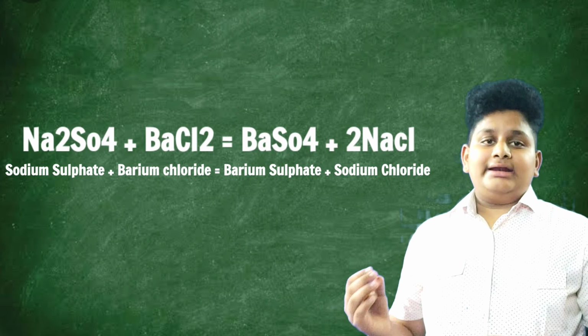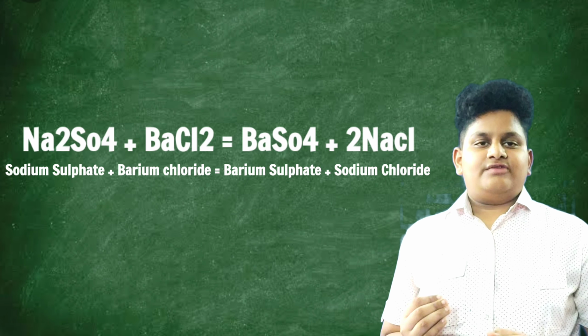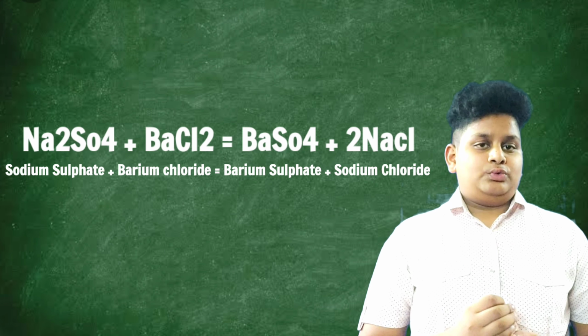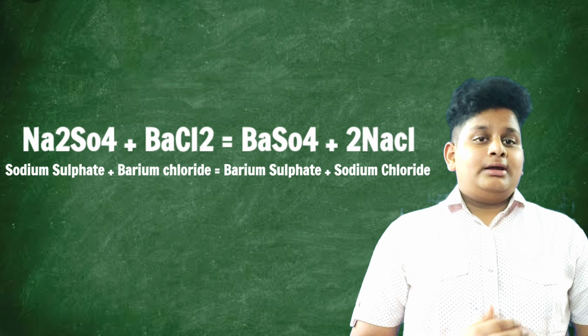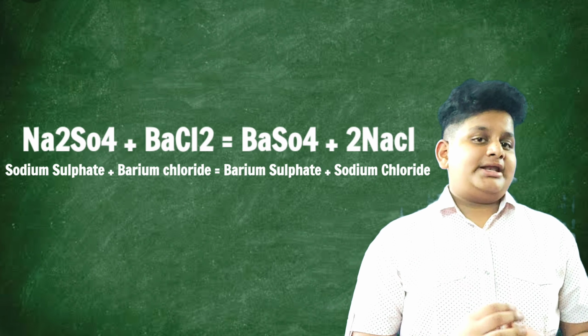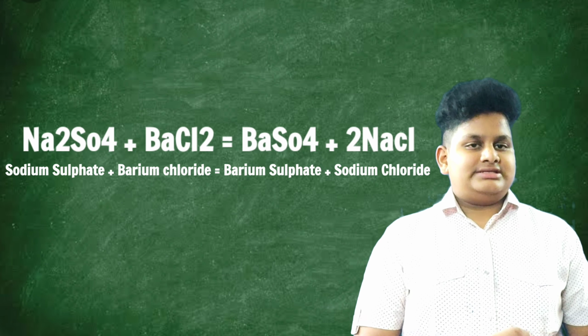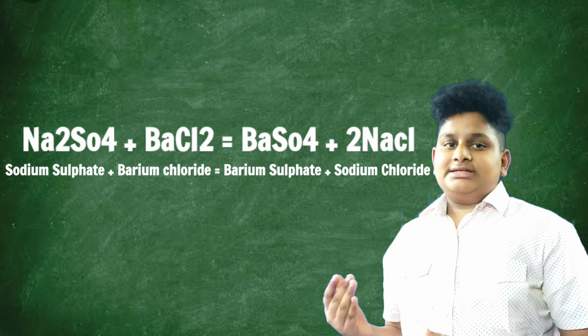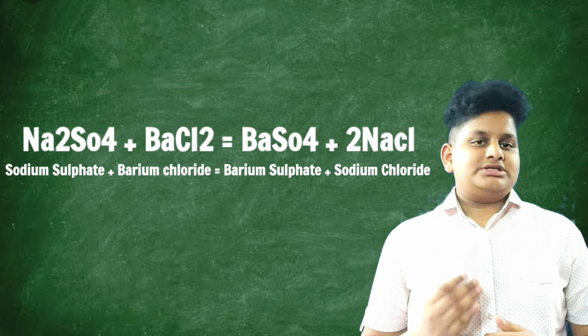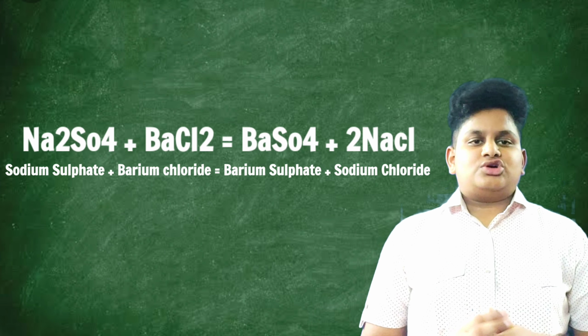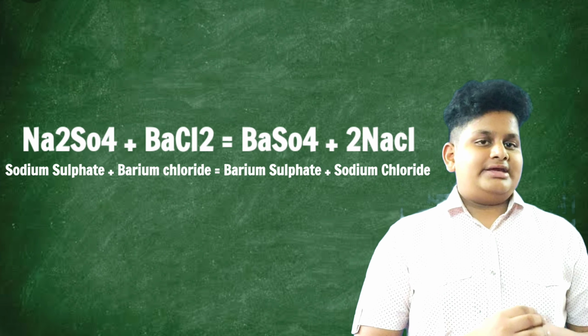Let's take Na2SO4, which is sodium sulfate, plus BaCl2, which is barium chloride. If we exchange the ions, we will get BaSO4, which is barium sulfate, plus 2NaCl. So here on the reactant side we can see Na2 and Cl2. So this 2 is taken as common and is written as 2NaCl.